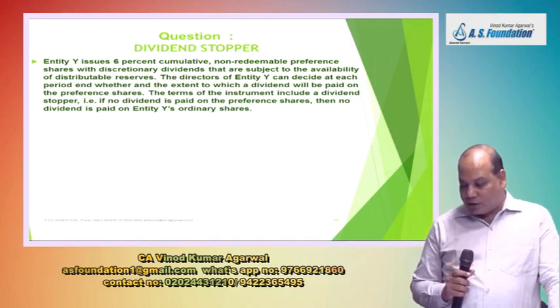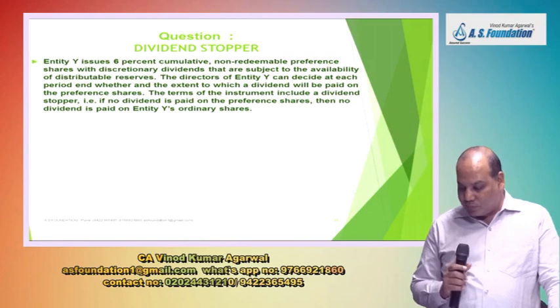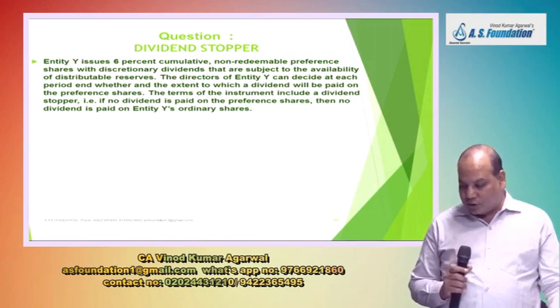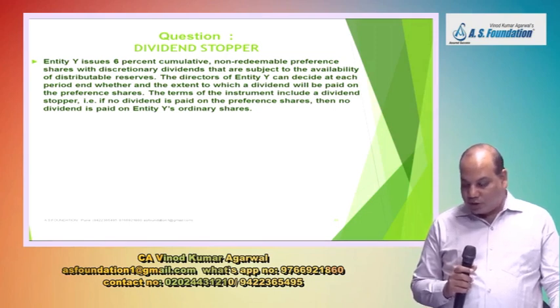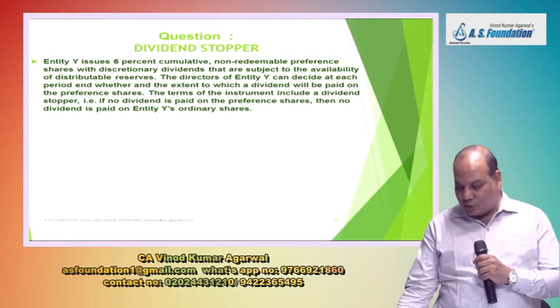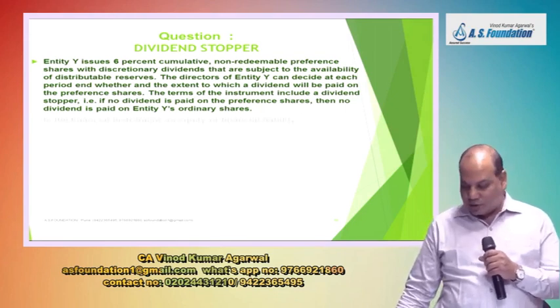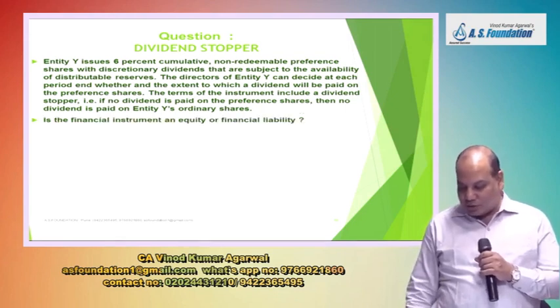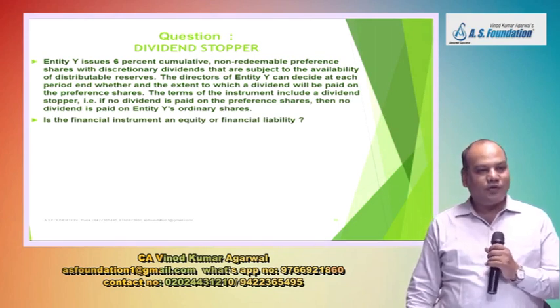Directors of Y can decide at each period end whether and the extent to which a dividend will be paid on the preference share. The terms of the instrument include a dividend stopper. That is, if no dividend is paid on preference share, then no dividend is paid on Y's ordinary shares. Is the instrument an equity or a financial liability?